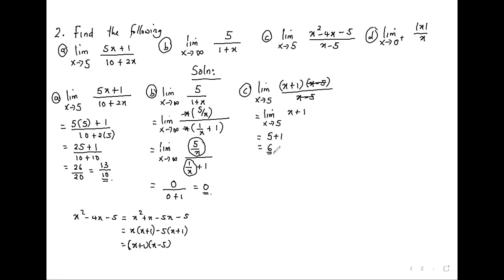And then part D, remember the absolute value of x is a function defined as x if x is greater or equal to 0, and minus x if x is less than 0. When they say from right, the meaning there is that you're looking for where x is greater or equal to that number.